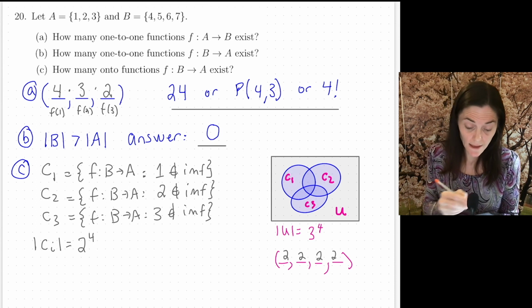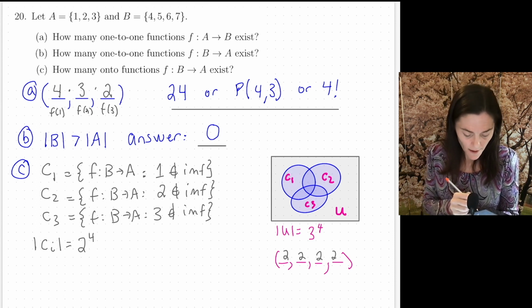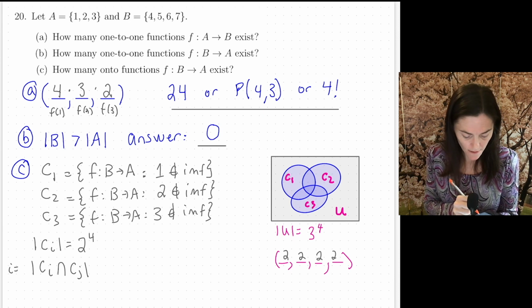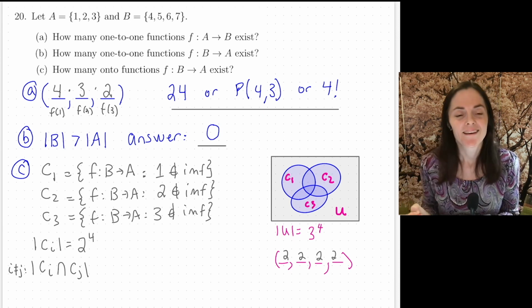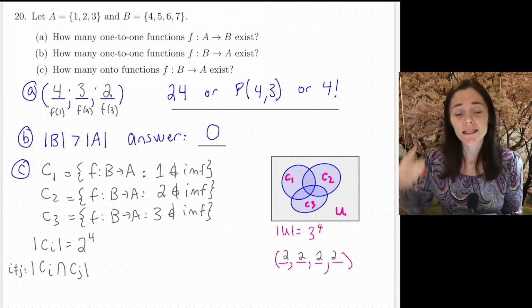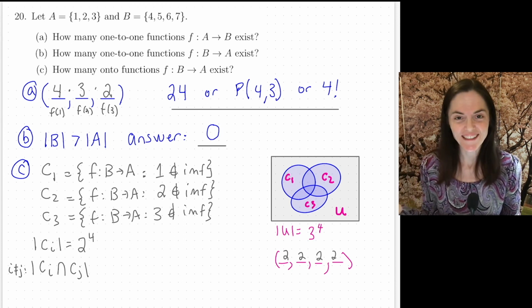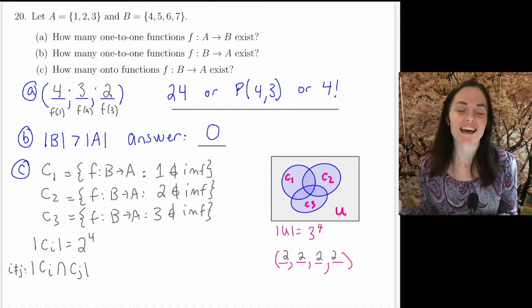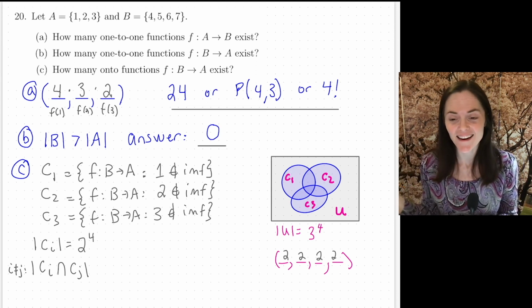Now, if you take the cardinality of, say, Ci intersect Cj, where i and j are not equal to each other. Well, let's think C1 and C2. That would say 1 is not in the image, 2 is not in the image, and how many functions are there?